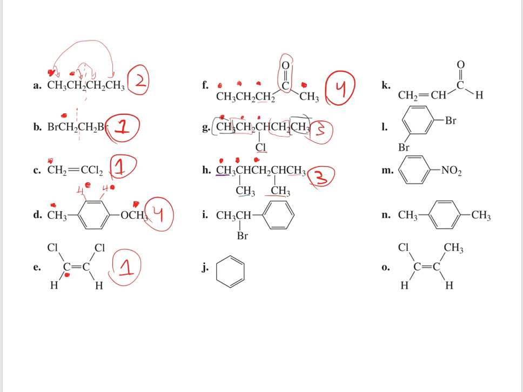The first signal is going to take care of those 3 hydrogens, as well as those 3, as well as those 3, as well as these 3. They're all the same. Don't believe me? Erase the hydrogen, put a bromine on it, and name all possibilities.